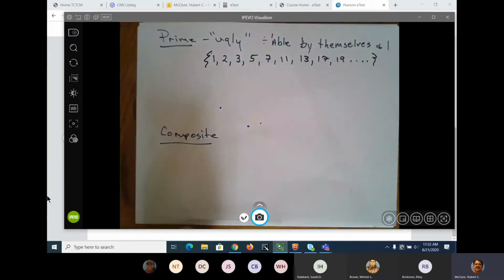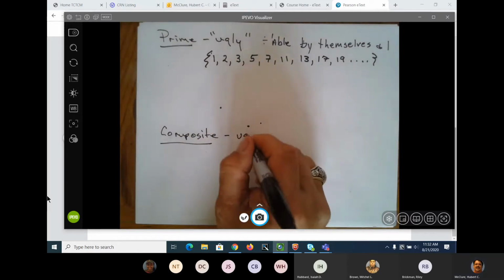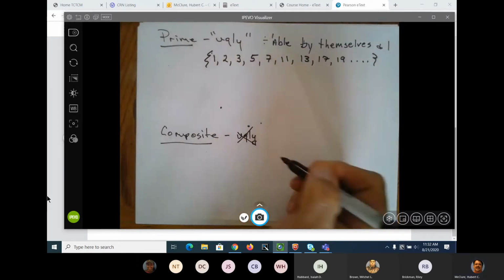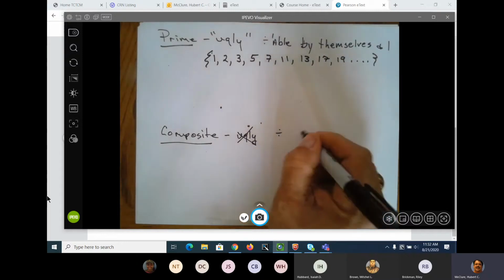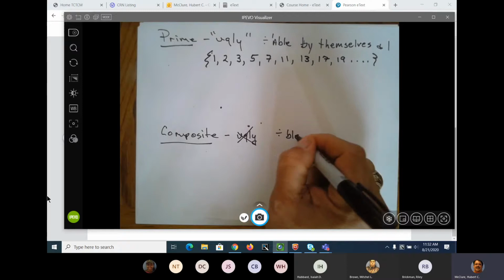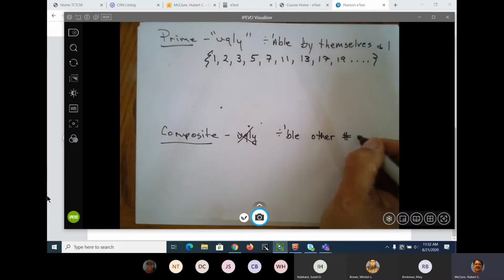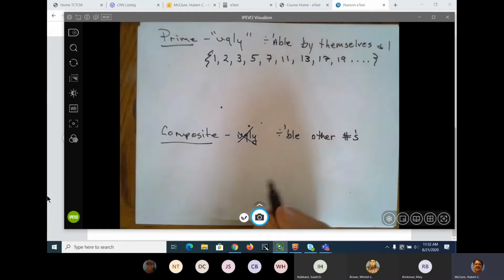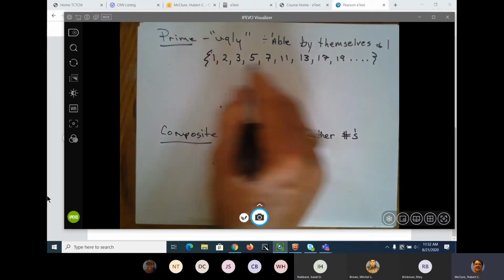And then there's the composite numbers. Well, the composites are the not so ugly numbers. Okay? They're the numbers that are divisible by other numbers. So they are easier to work with. So they're the numbers that are not up here, up at the top.